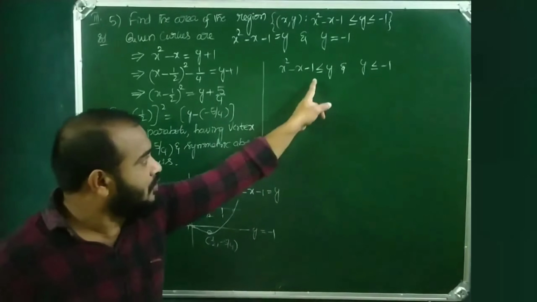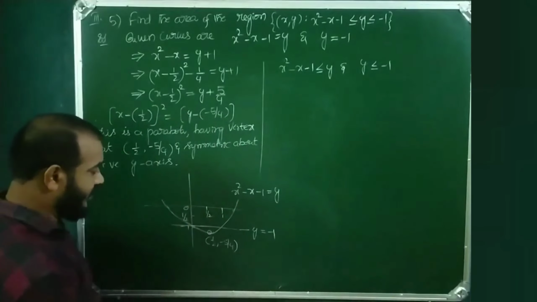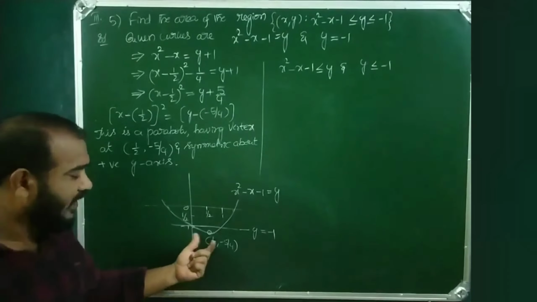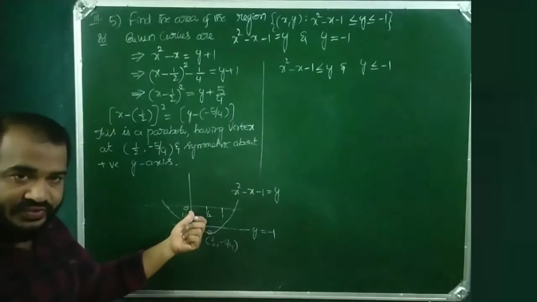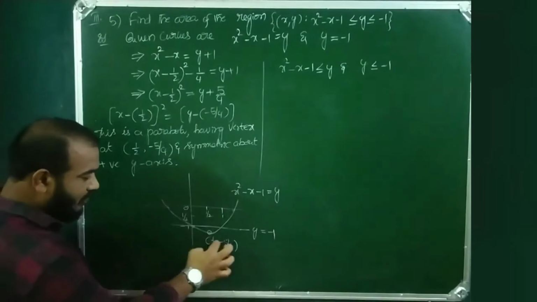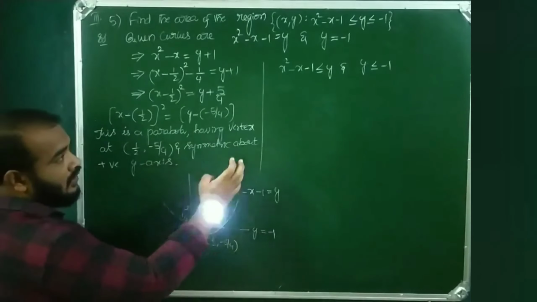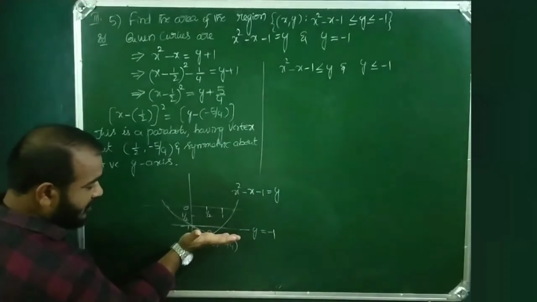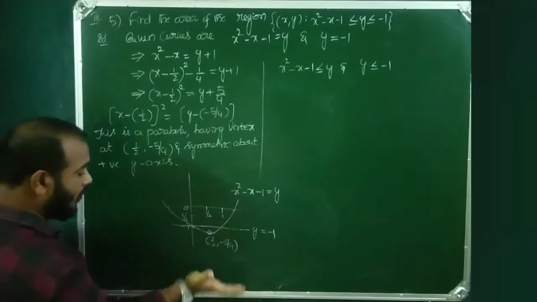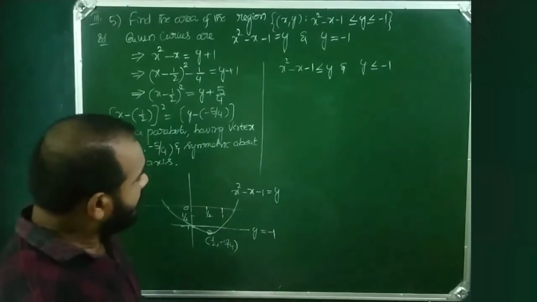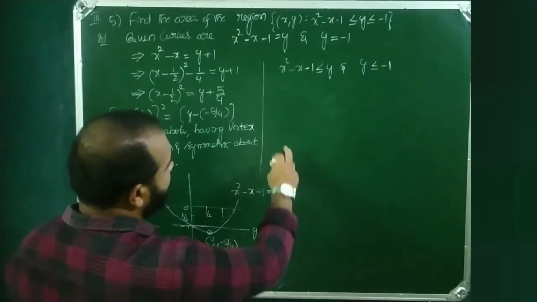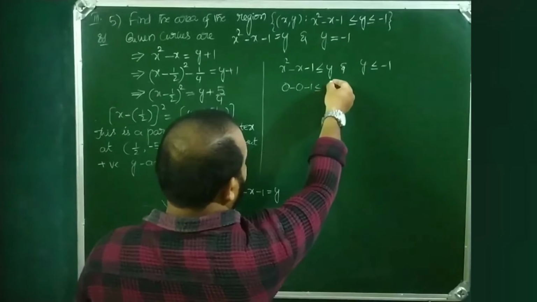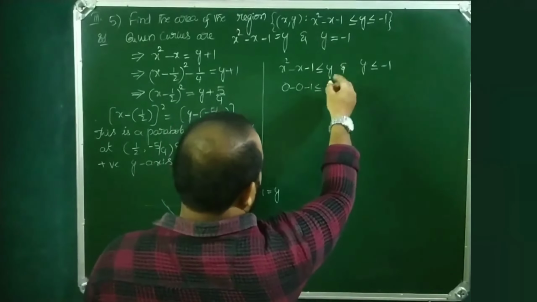So let us substitute 0, 0. This is origin side. So this is how we will do the inequality. So actually we can take any point, but for the sake of convenience 0, 0. That means this is the parabola. So less than y means we should know whether the area of the region will be upward or downward. For which I will substitute 0, 0. Then let us see what will happen. 0 minus 1 less than or equals to y, which is 0.